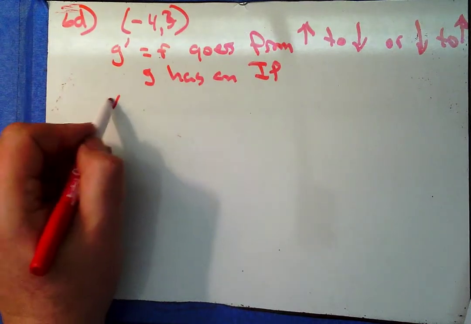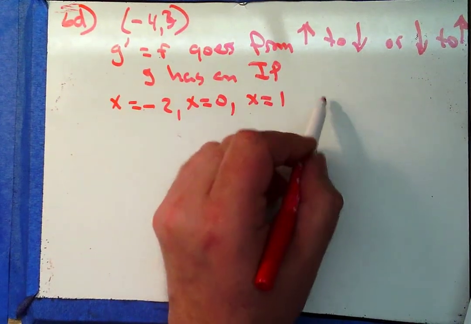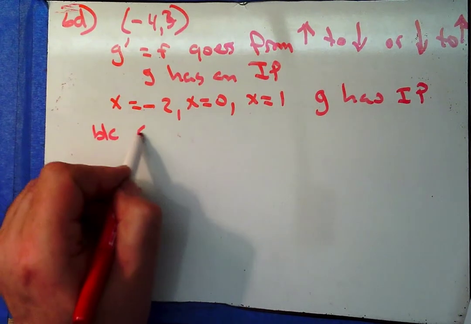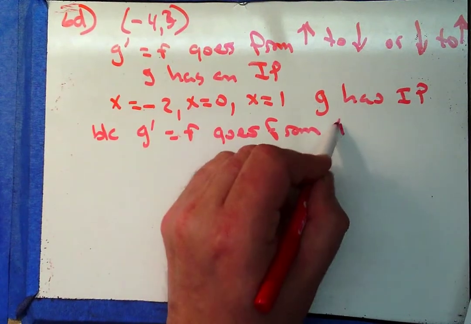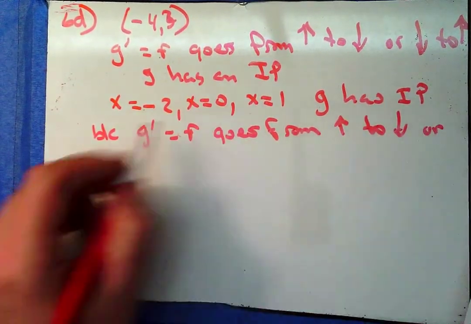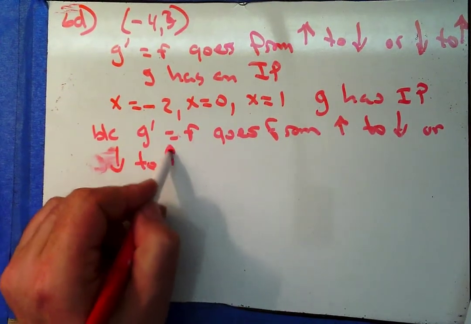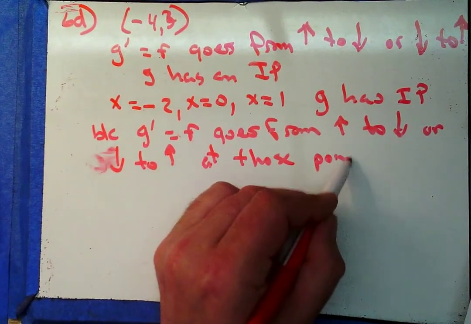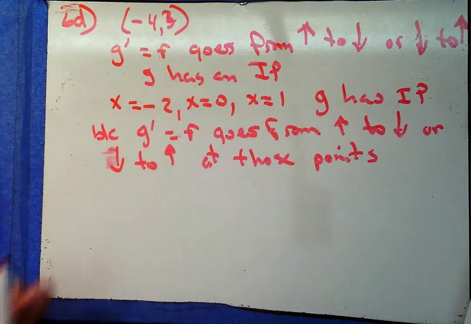And so I say at x equals -2, x equals 0, x equals 1, g has inflection points because g prime equals f goes from increasing to decreasing or decreasing to increasing at those points. Again, you could write justifications for each of these inflection points separately, but this should be sufficient to earn you the points.